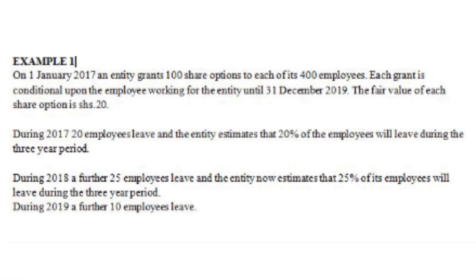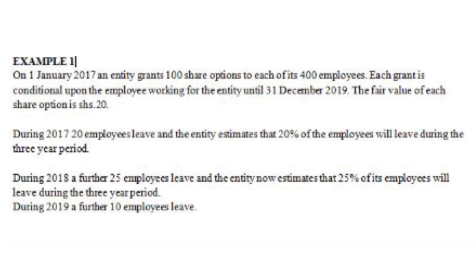20 shillings. During 2017, 20 employees leave, and the entity estimates that 20% of the employees will leave during the 3-year period. During 2018, a further 25 employees leave, and the entity now estimates that 25% of its employees will leave during the 3-year period.